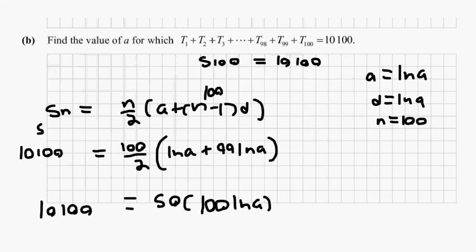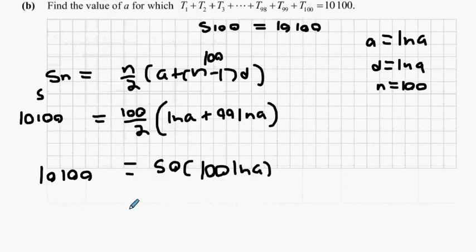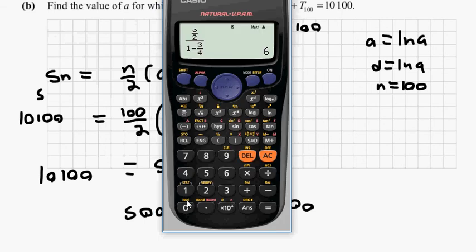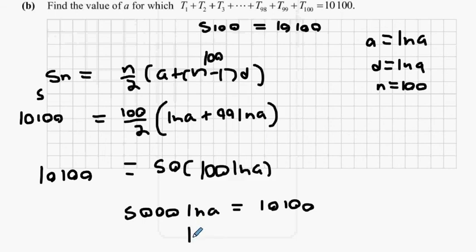Now what we're going to get is 5,000 ln A equals 10,100. 10,100 divided by 5,000 equals 2.02. So ln A equals 2.02.